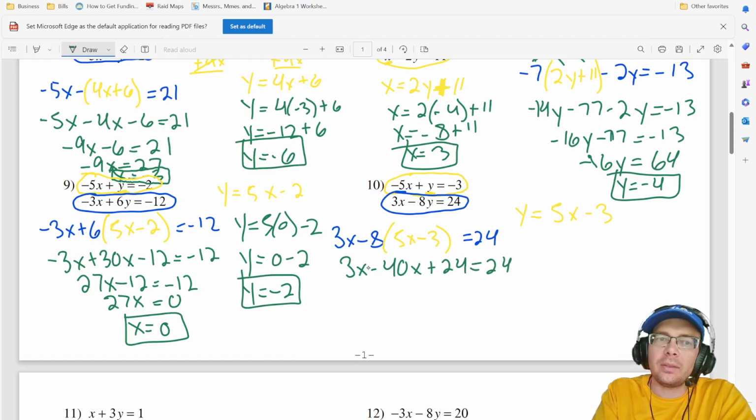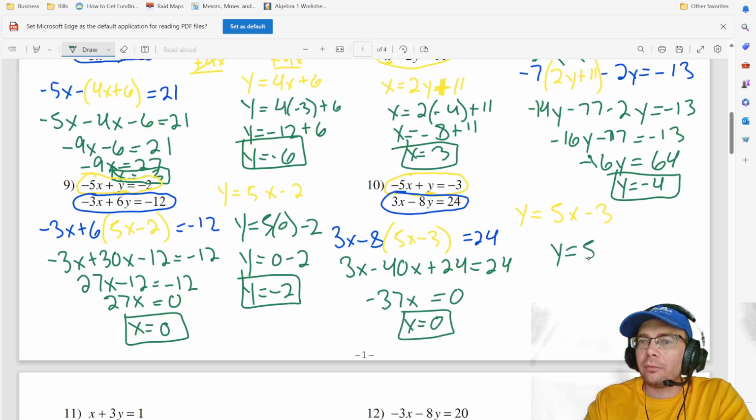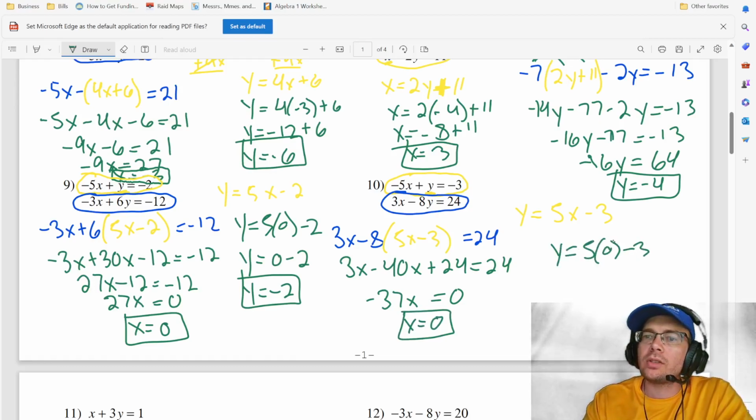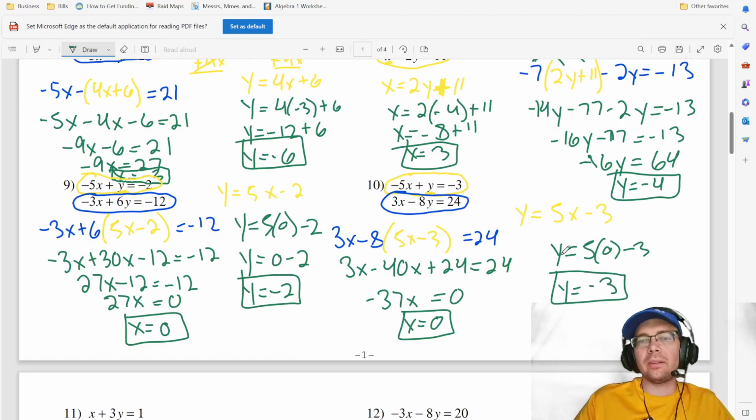Looks like I'm going to end up with the same answer as number 9, because that's going to be negative 37x. Not that it matters that much, because if I subtract 24 from both sides, looks like x is going to be 0. So x is going to be 0, and then y is going to equal 5 times 0 minus 3, which is 0 minus 3, which is negative 3. I'll skip some of the steps there. And there we go. So that was it for that.